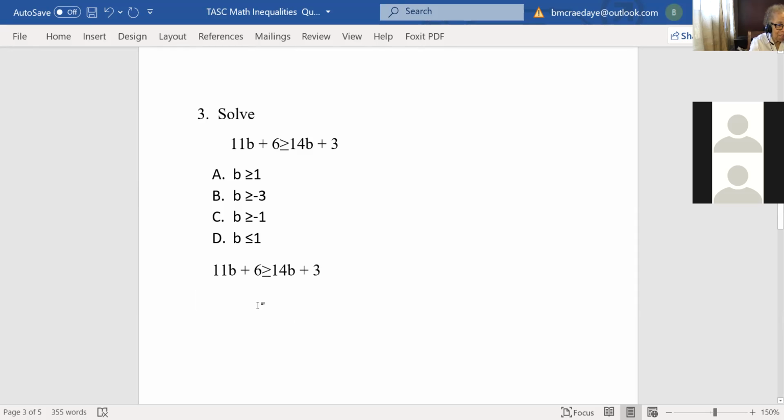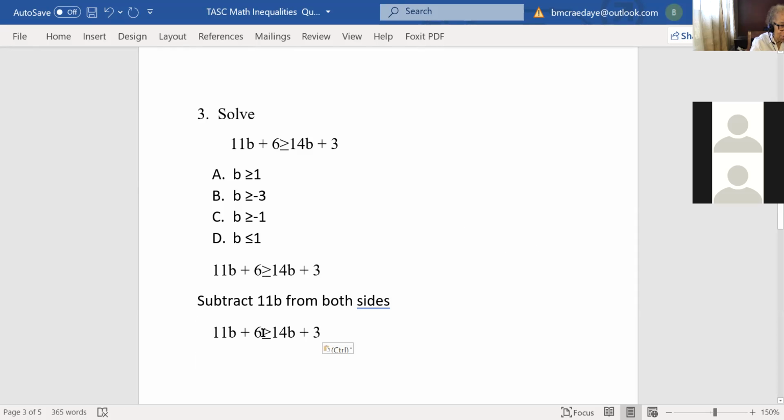Oh, you subtract 11B. Okay, so we can subtract 11B from both sides. So let's do that. Let's take this and subtract 11B from both sides. So I'll copy this again and we'll subtract our 11B.